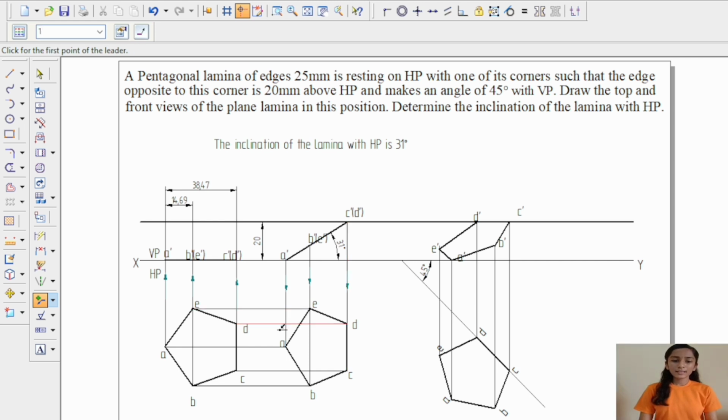And these projection lines are moving towards right. These projection lines are moving towards up.